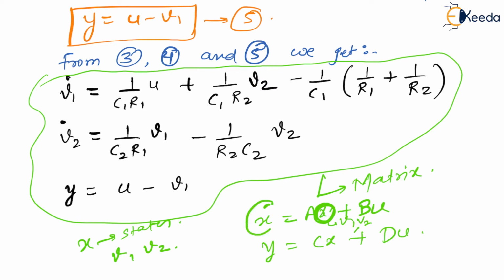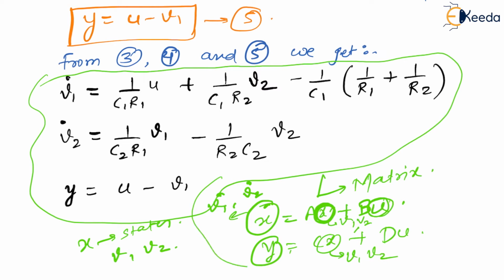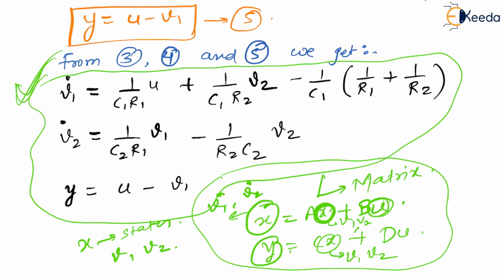Now in place of this x dot, it is definitely going to be v1 dot and v2 dot, right? And this u is going to be u only, and this x also the same. Here we will be writing v1, v2, and this is going to be y. So if I try to show these same equations in terms of matrices, I will write them as follows.